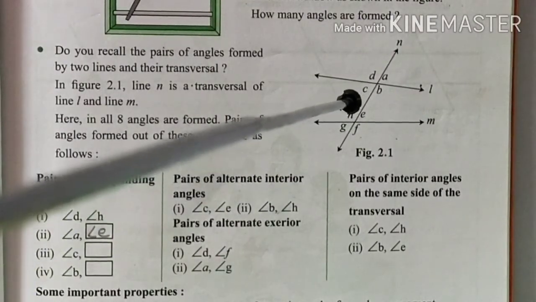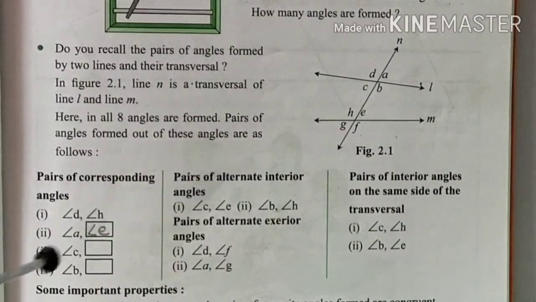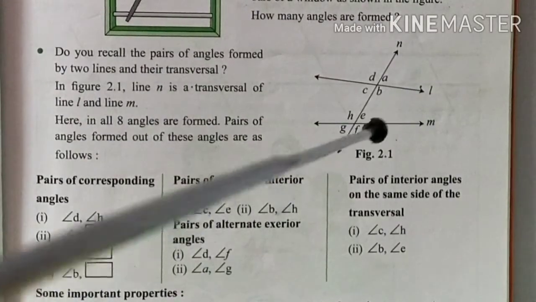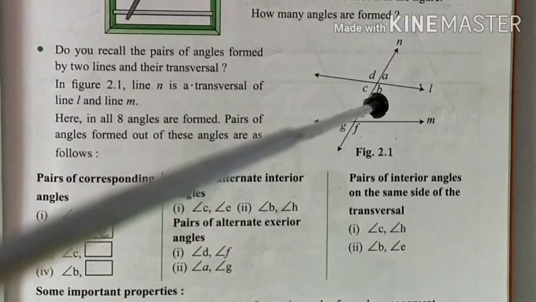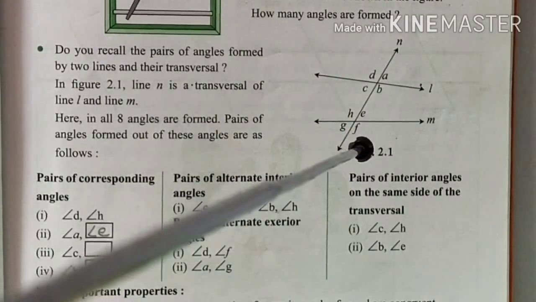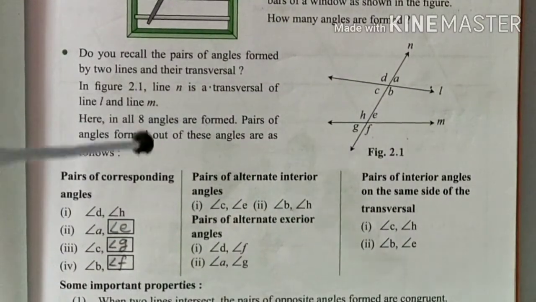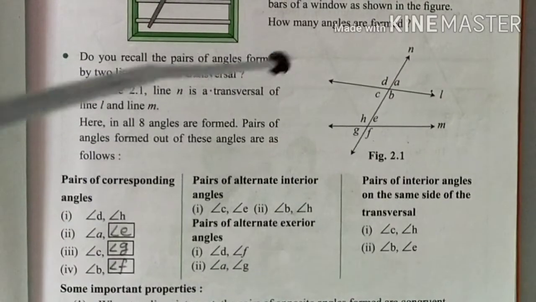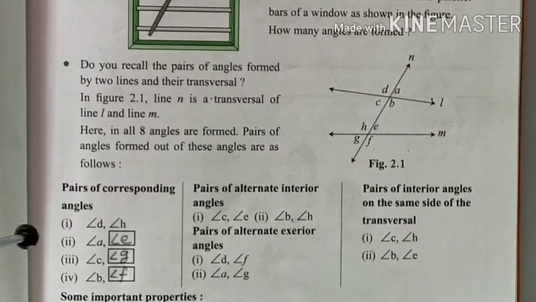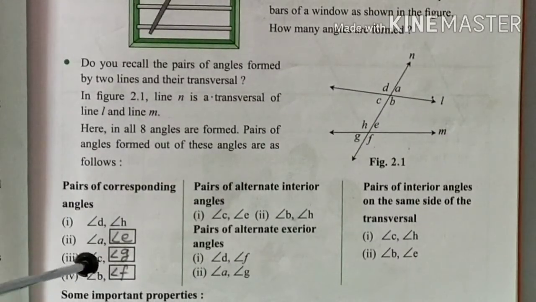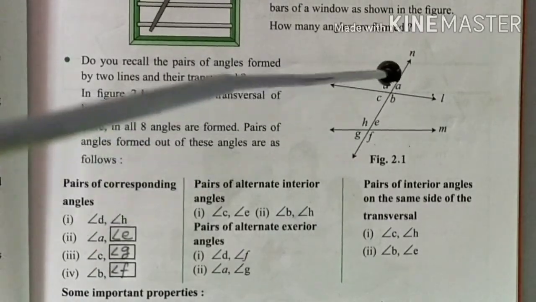So C and G is a pair of corresponding angles, and for angle B on the right side, same way we get that angle B and angle F are corresponding angles. Understood this? How we find the pairs of corresponding angles: same side of the transversal and same direction of lines. We get four pairs of corresponding angles by the two lines and their transversal.